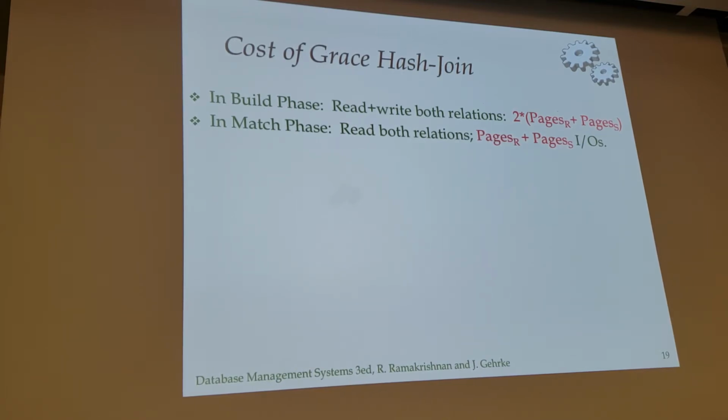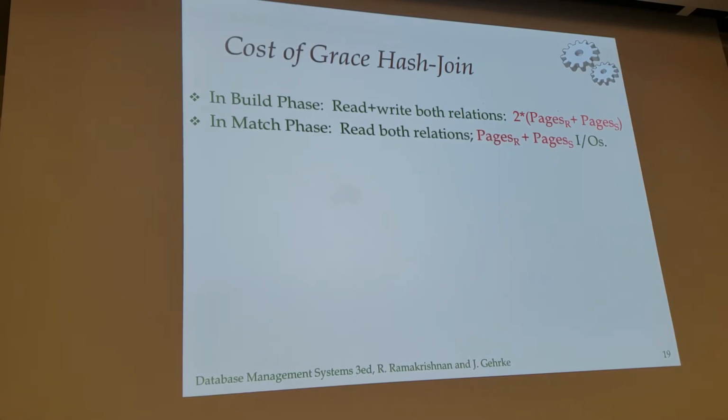The number of pages in the union of the R sub i's, R1, R2, up to R37 or whatever it is, is going to be pages of R, since they're the hash partitions of R. So I read R, that's pages of R, and I write the hash partitions, that's pages of R. Same thing for S.